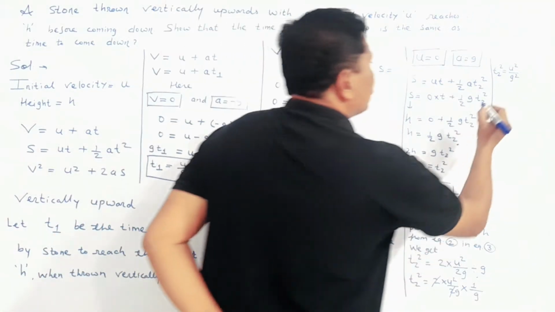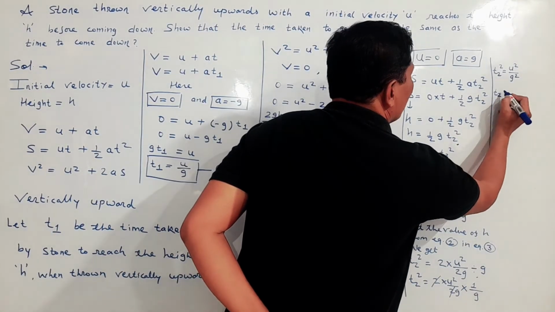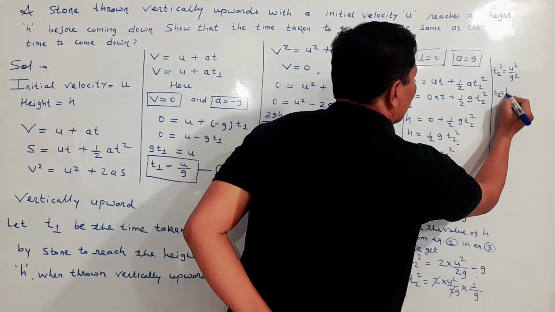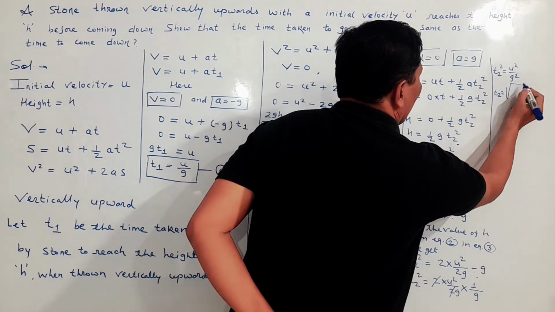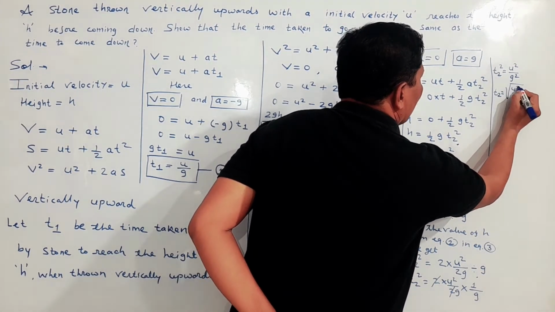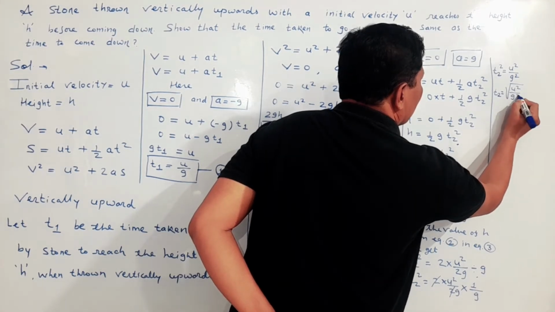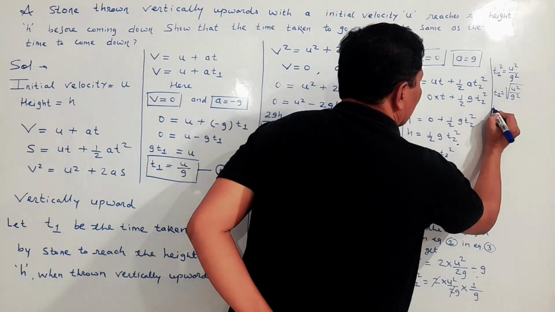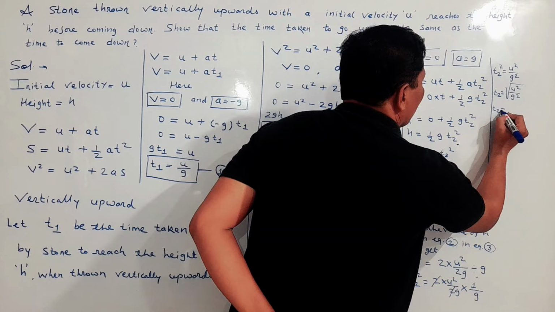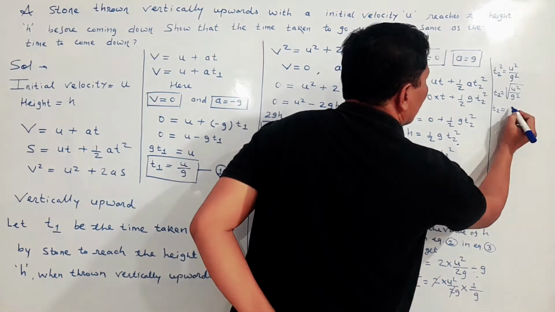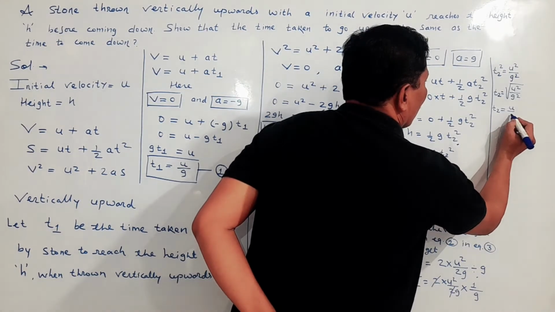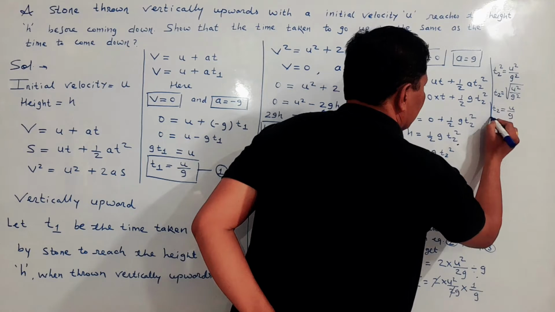Now my dear student, we can write T2 is equal to under root U square upon G square. So T2 will be equal to U upon G.